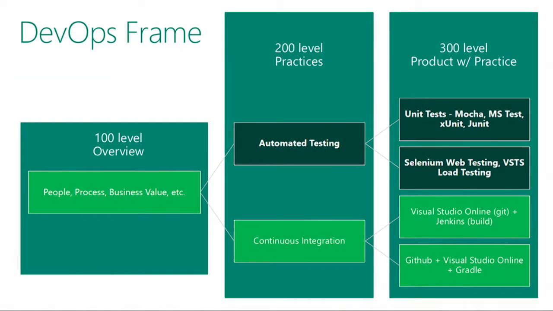So just to position what the DevOps practice is and how it fits in: we've given you in a previous module the high-level overview of what is DevOps. And at a 200 level, it's these DevOps practices, continuous integration being one of them, connecting that with individual technologies. There are a ton of different ways you could implement continuous integration.